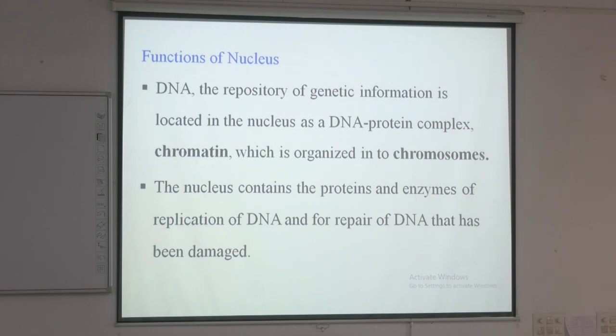So all these important functions proceed in the nucleus, and it is helpful for DNA repair. There are several types of DNA mismatch, like mismatched pairs of DNA. All these are processed in the nucleus.